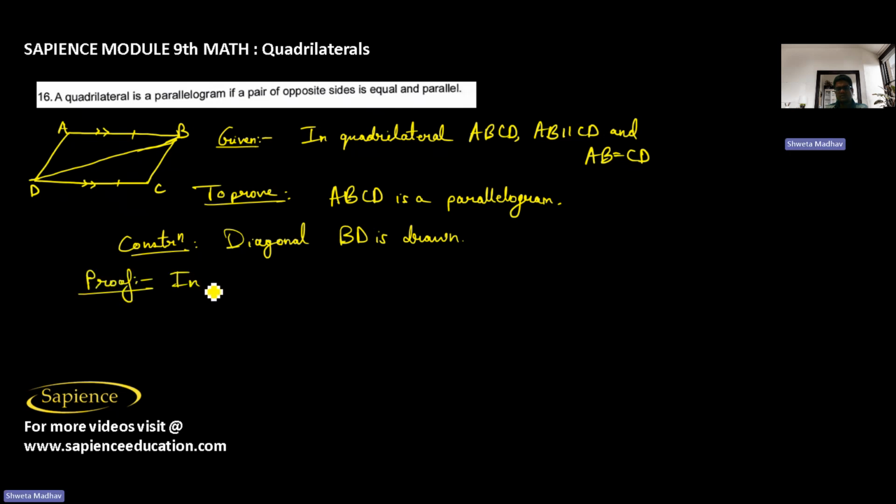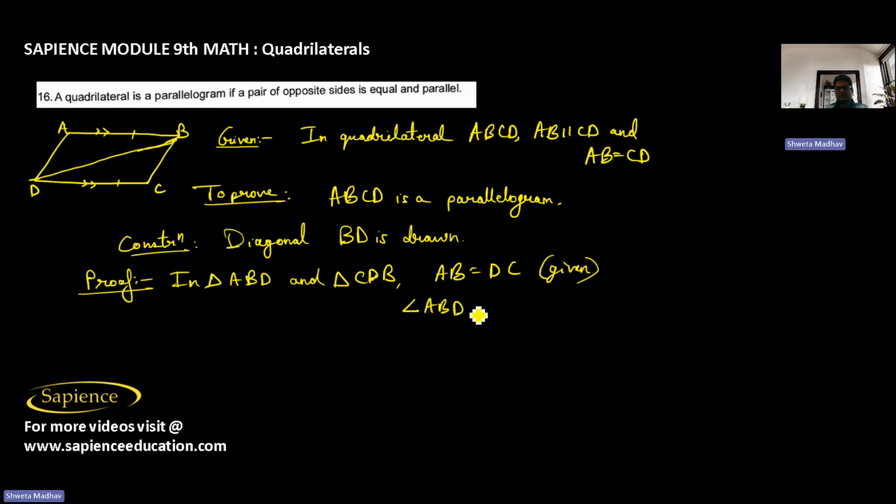So I will take triangle ABD and triangle CDB. In these, we have AB equal to DC, which is given.